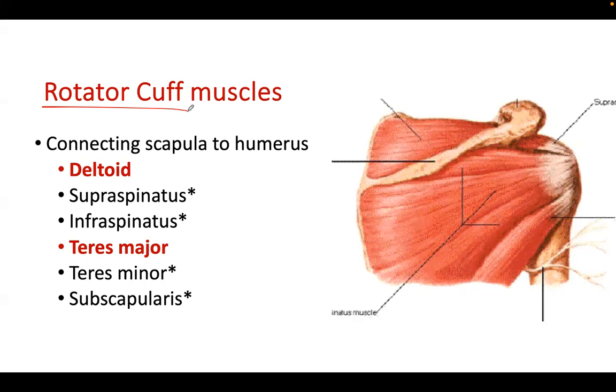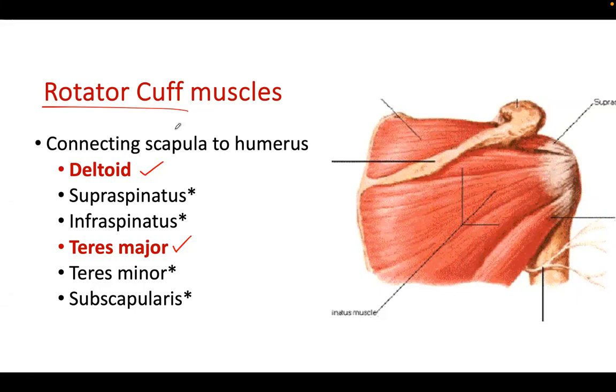What are the two muscles that connect the scapula to the humerus but do not take part in the rotator cuff? So we have the deltoid and the teres major. Question: do the deltoid and the teres major share the same nerve supply? Yes or no?